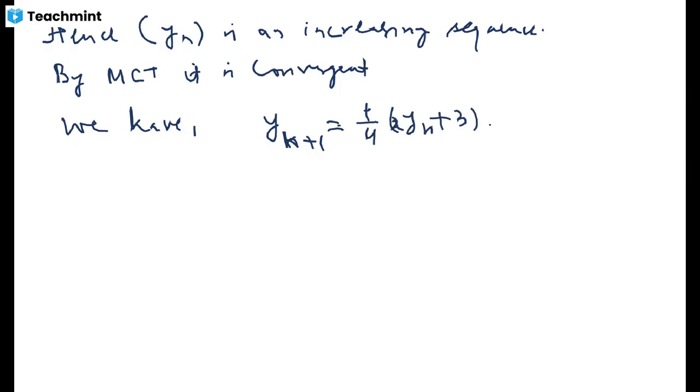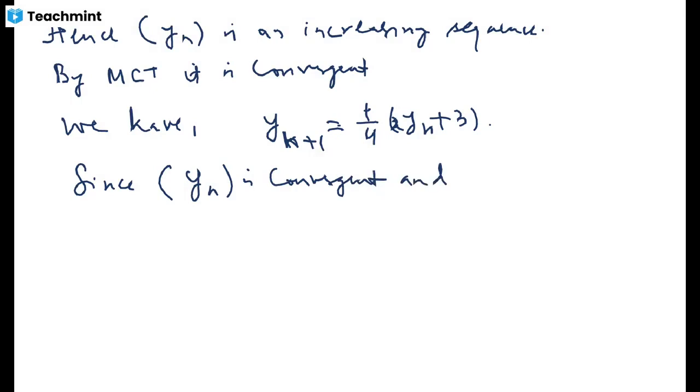But what helps us here is that yn is a convergent sequence, and yn plus 1 is its tail, its one tail, I will call it. One tail means only the first term is not included in this sequence.